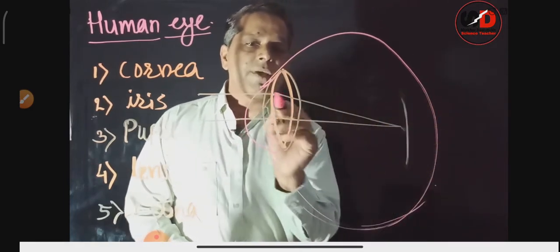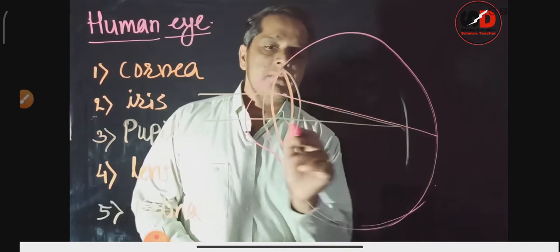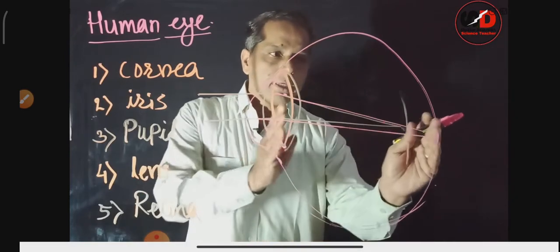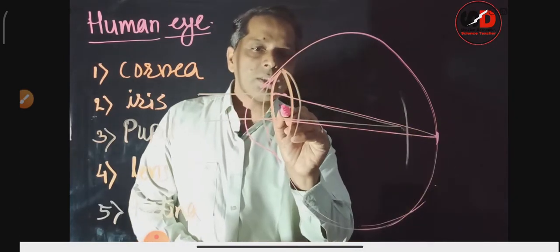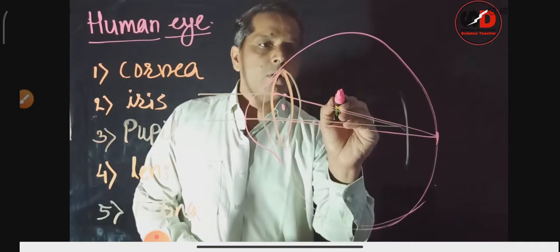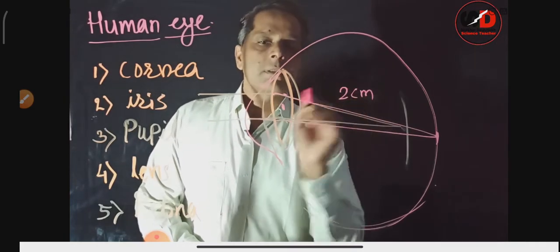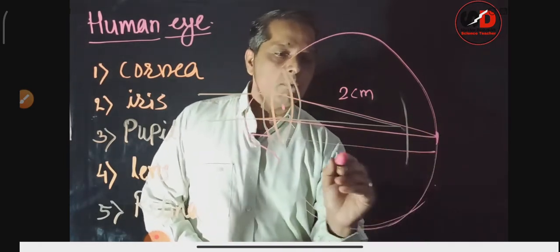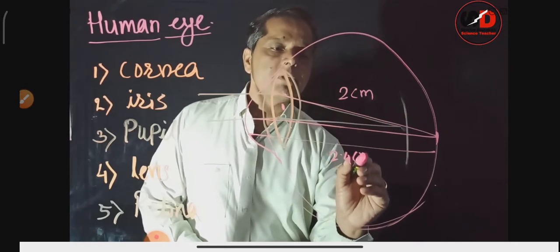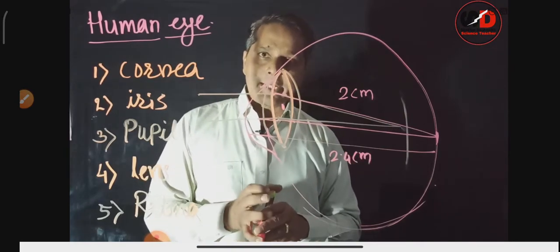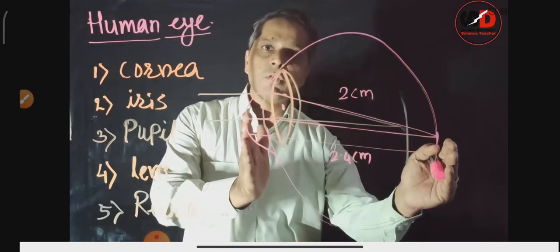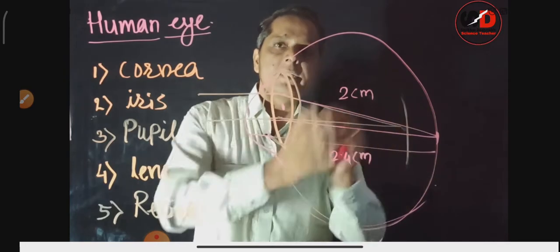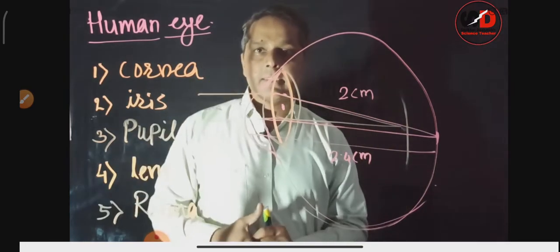If the object is very far from us, the image is formed here on the retina, so it is nothing but the focus. The focus of this eye lens is near about 2 centimeters. The diameter of the eyeball is near about 2.4 centimeters, and the distance of the lens from the retina is near about 2 centimeters, and that is the focus of the lens.